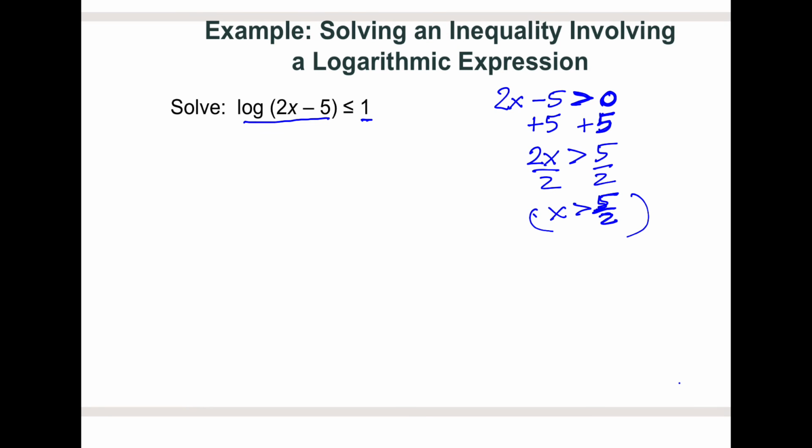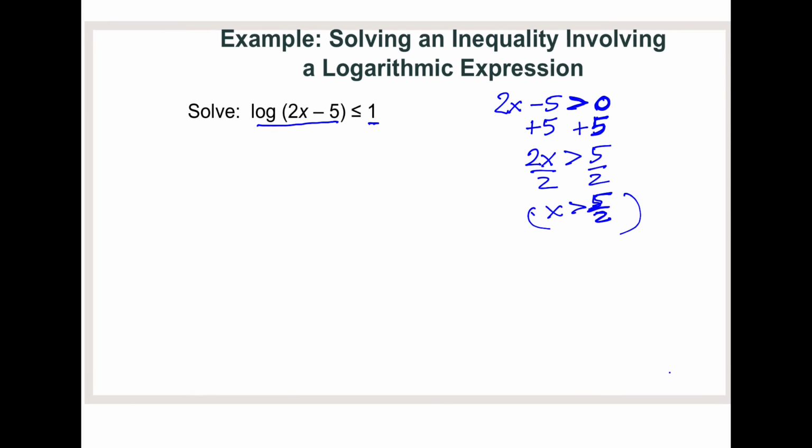In other words, what I'm going to do here is raise both of these into the exponent of 10. And we'll see here why I'm doing this in a second. So in other words, 10 to what I had there, the log, is going to be less than or equal to 10 to the 1. So I just put these up into the exponents.